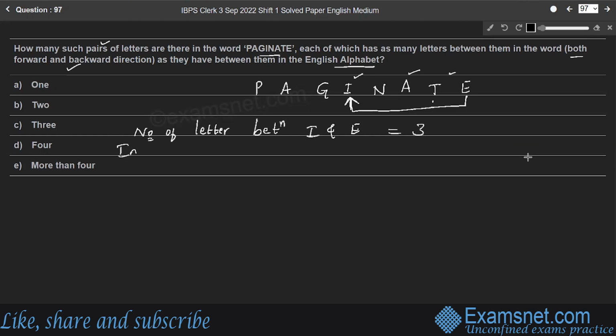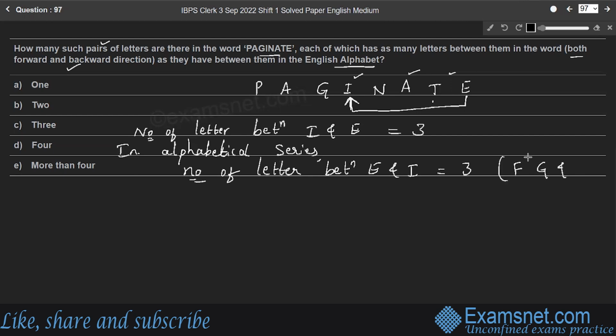So in the alphabetical series, the number of letters between E and I is equal to, after E: F, G, H. So there are 3 letters, F, G and H, in the original alphabetical series.